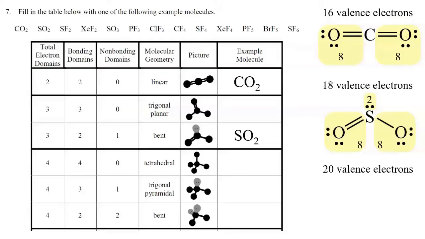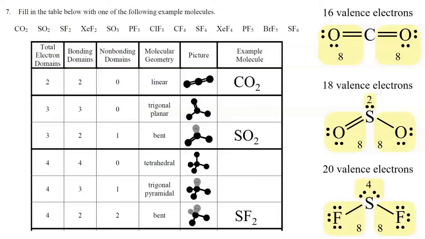Again, the molecule that corresponds to this would be sulfur difluoride, or SF2. So there's a group of 8, there's a bonding domain. There's another group of 8, another bonding domain, but then there are 4 more electrons that are located on the central atom, so that's 2 non-bonding domains. Again, that would correspond to that particular row of the table. 2 bonding domains, 2 non-bonding domains.